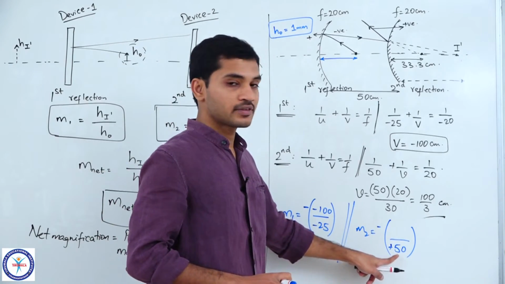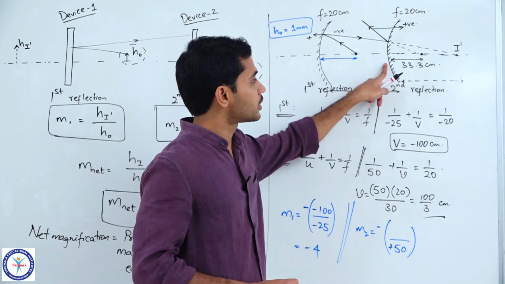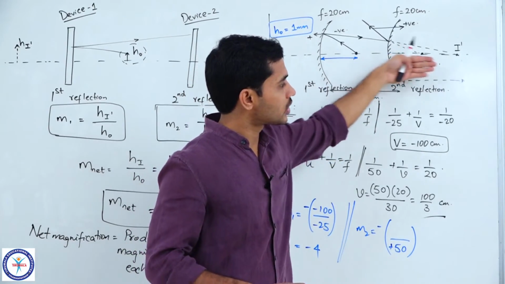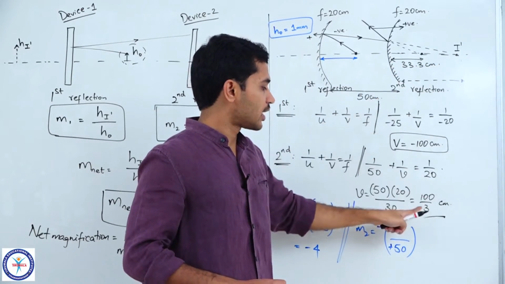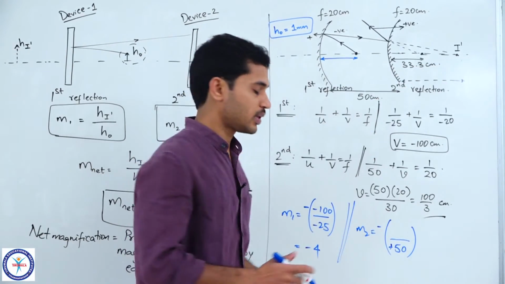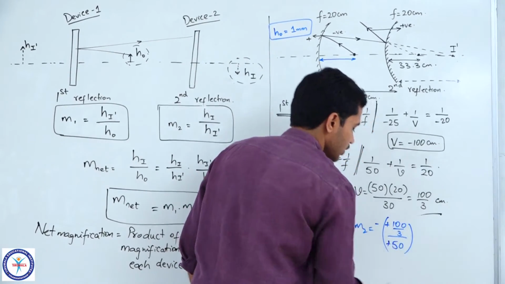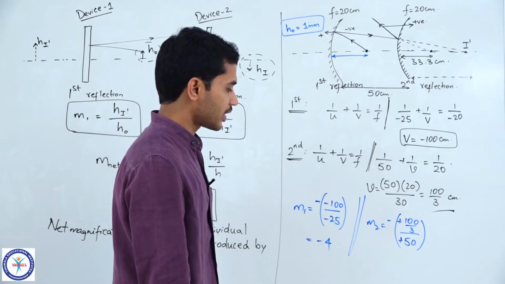So plus 50 is the object distance for the convex mirror, and you can tell me what is the image distance also. Image distance is also on that side, which means positive side, and the value which we got is plus 100 by 3. Just divide those two terms.